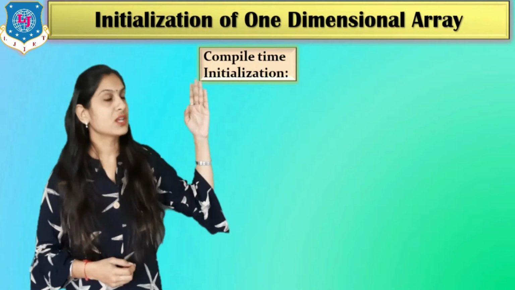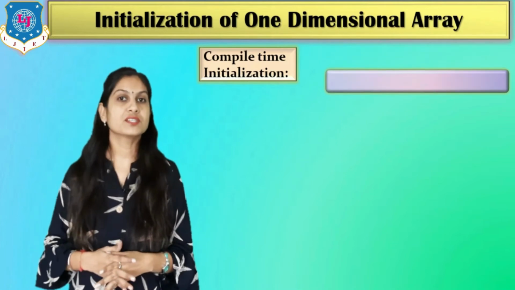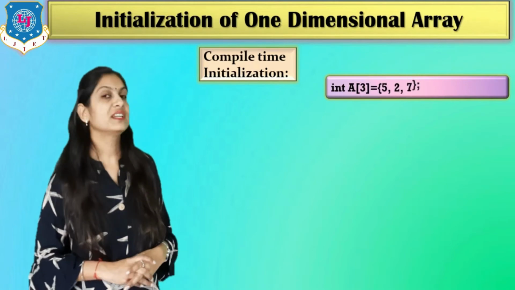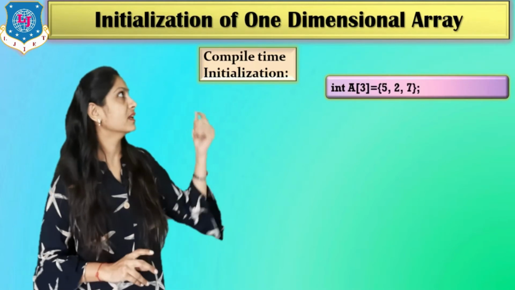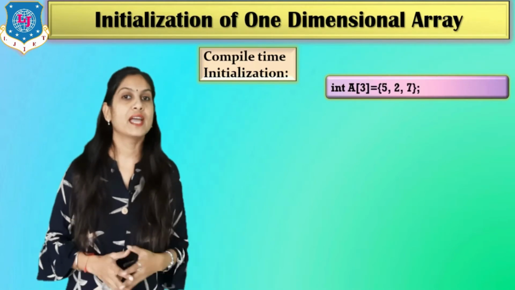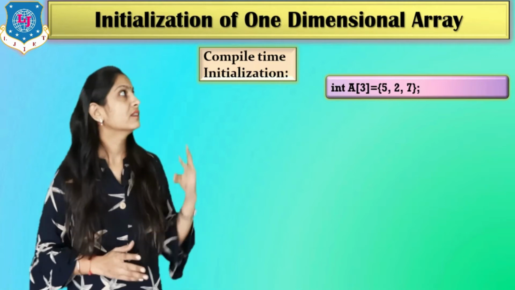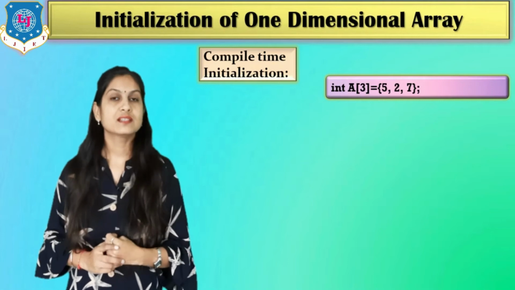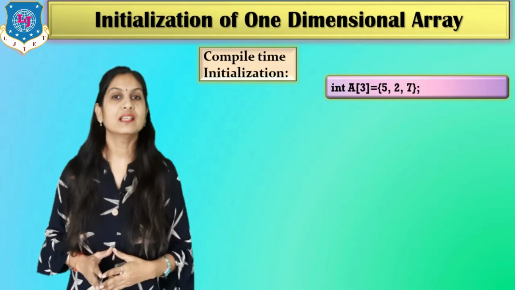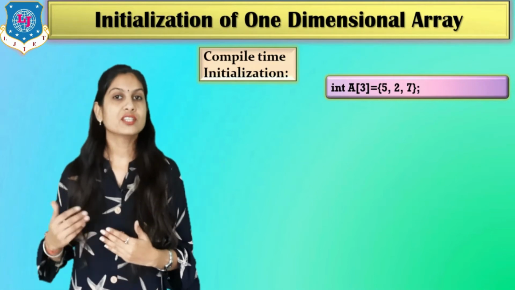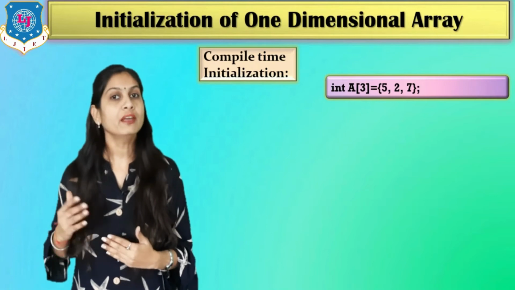Now how is it possible using compile time initialization? For that we have to use the declaration part same as integer A of 3 and then equal to the list of values. Suppose here 3 values we have to insert, just like 5, 2, 7. So during our execution the array elements will be fixed.